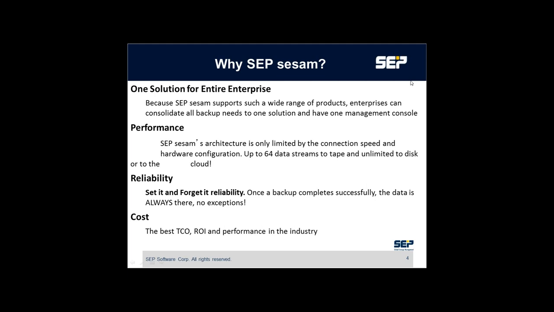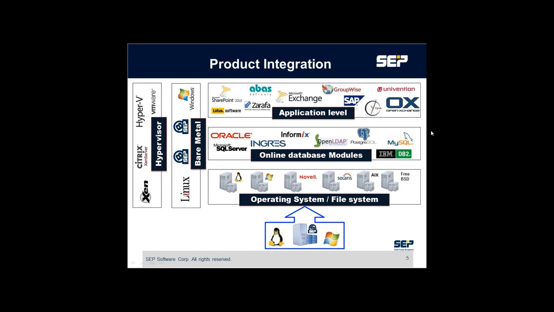And kind of a third extra bonus is just our cost structure. We come in at about 40% of industry average, so it's very competitive in today's market. Okay, so just a quick overview of products that we support.